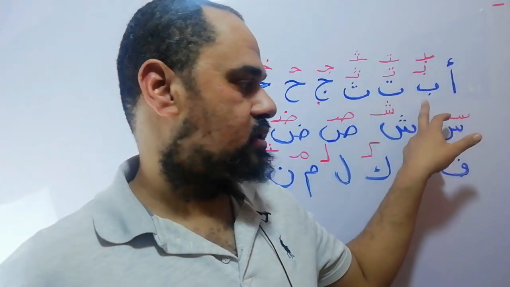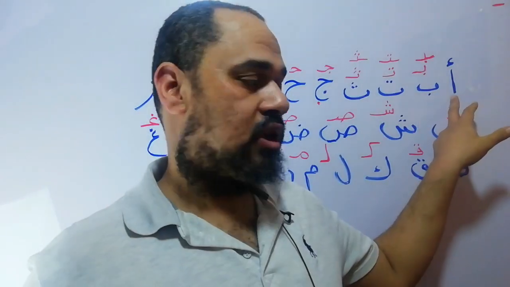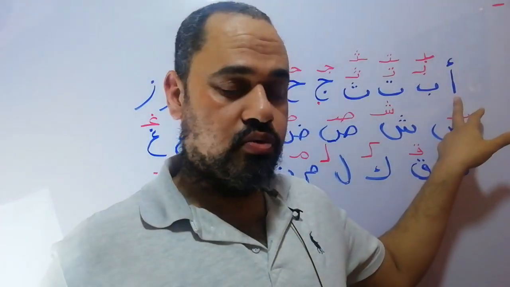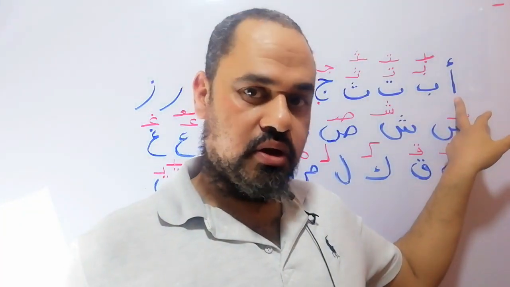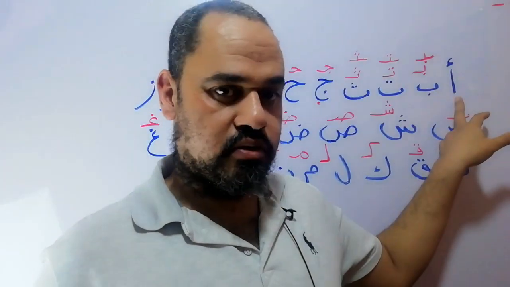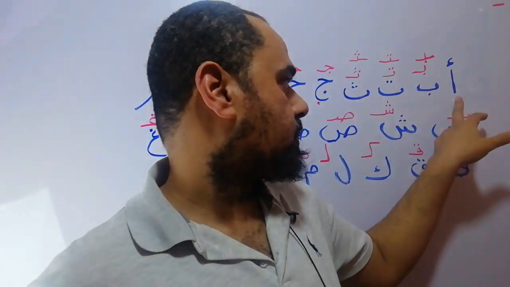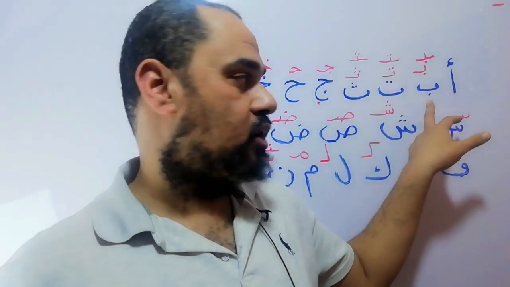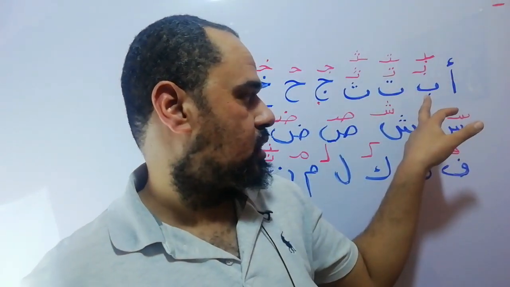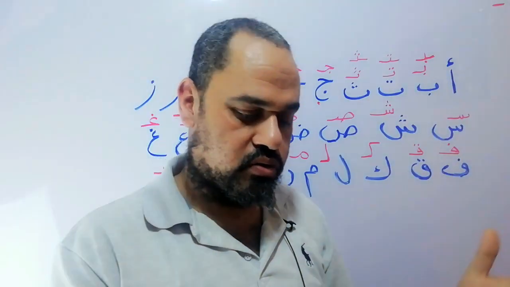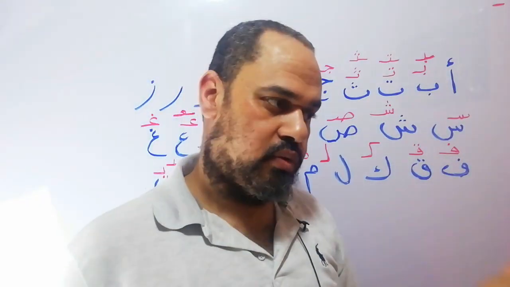We will begin with al-ba, and we will skip al-alif today, because we will make it in an independent video, because it has many particulars. For al-ba, you will find it takes this shape or this, according to what's before and what's next.